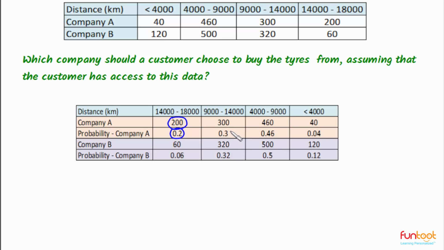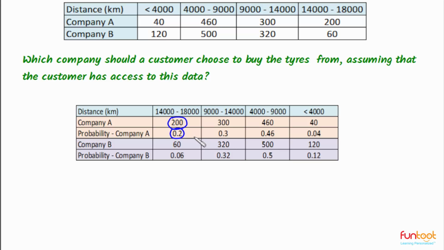Like this we have calculated the probabilities for the other intervals also. So the probabilities are 0.3, 0.46 and 0.04. Similar calculations we have performed for tires of company B, and the probabilities here are 0.06, 0.32, 0.5 and 0.12.